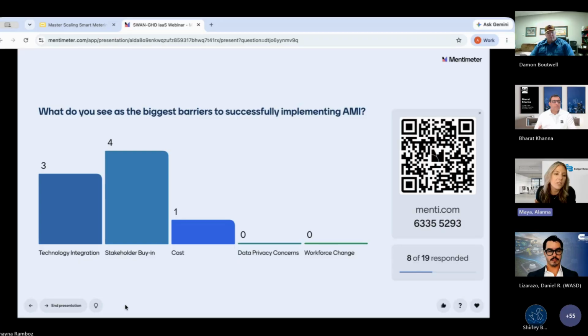Stakeholder buy-in and technology integration were fighting for top position, but it looks like stakeholder buy-in is number one here. I know our speakers have some things to say about that today. And cost also. It's good to see that workforce change and data privacy concerns are not big ones for this group today.